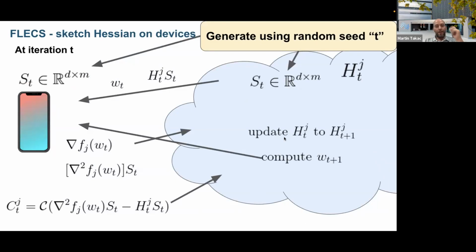Okay, so the client just stores his own data, knows what W^t is, computes the gradient, and then also computes the Hessian times this vector S. Think about memory size of vectors of size d. So basically the footprint of the client is just storing 4 vectors of size d.